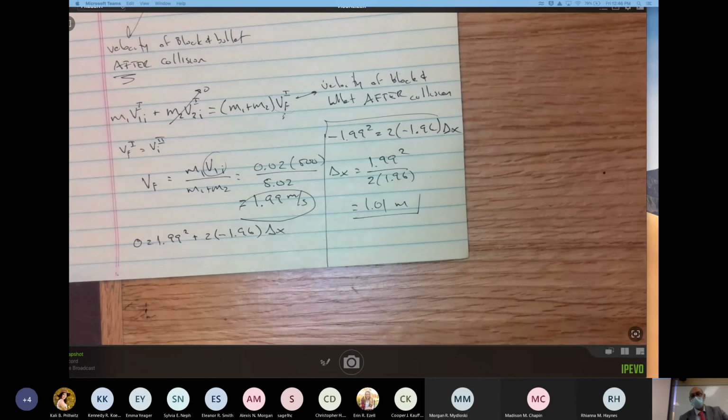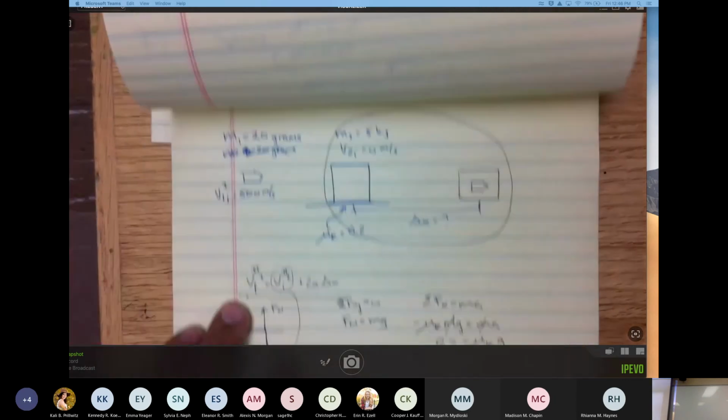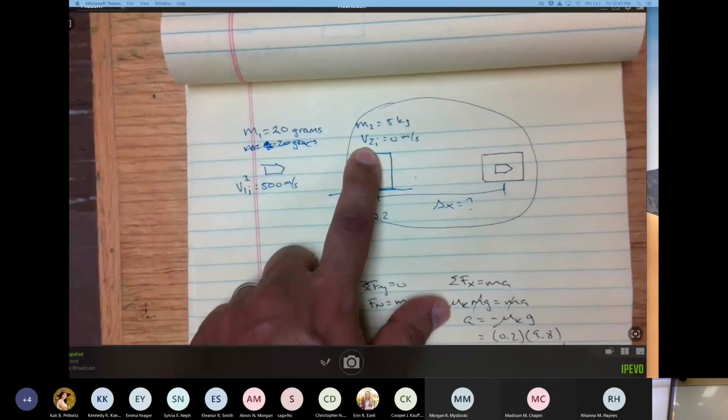Now, I said that you could do it a different way because you have the mass and the velocity of the block, and you have the mass and the velocity of the bullet.